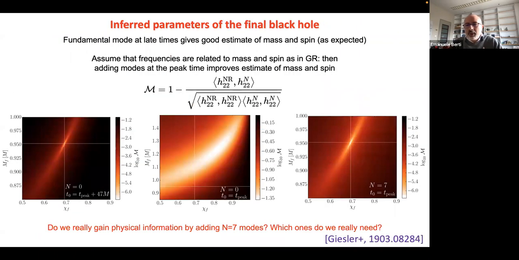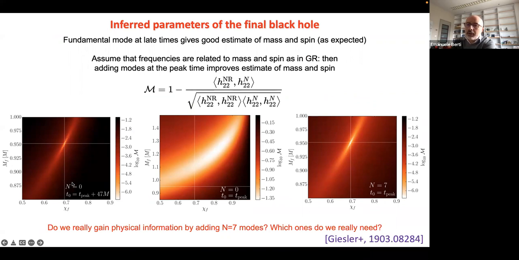And let me explain one more time why. Let me give you one more argument. So the other argument is this. What they say in the Giesler et al. paper is the following thing. Compute the mismatch. Small mismatch means very good fit, okay? So a small mismatch here is a color that is very close to white, and a bad fit is a color that is very close to black.